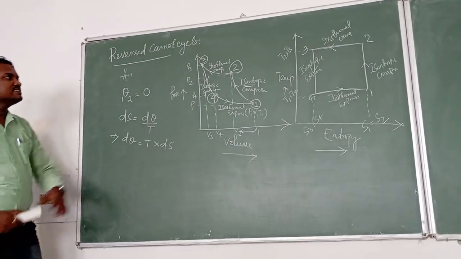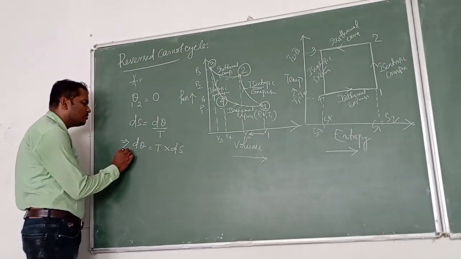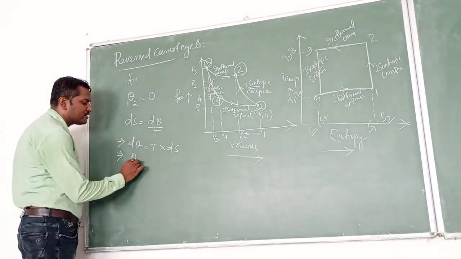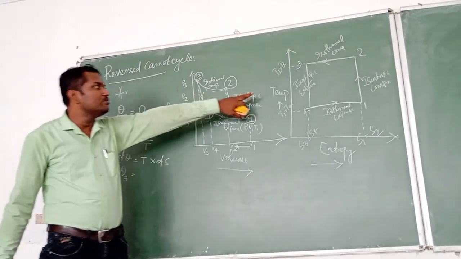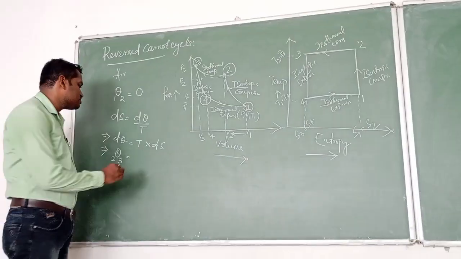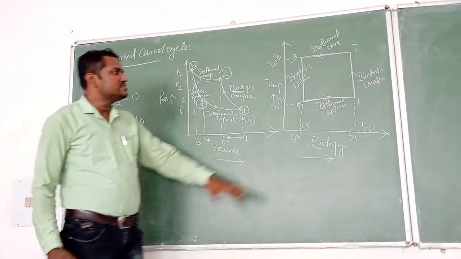So this is process 2 to 3. We may write, instead of dQ, Q2 to 3 is equal to temperature, and during 2 to 3, T2 is equal to T3, so we can write T2 into dS, the change in entropy.